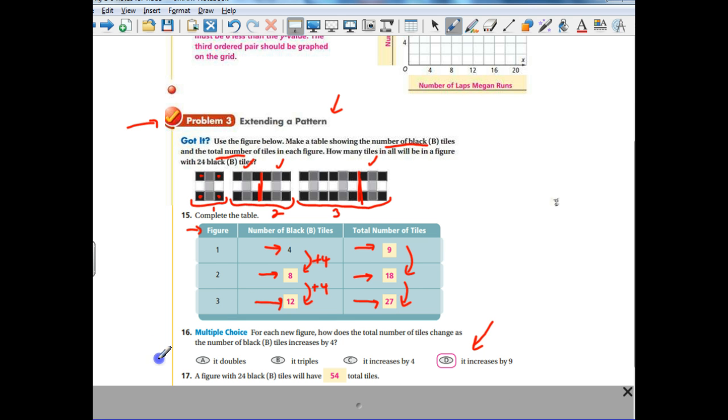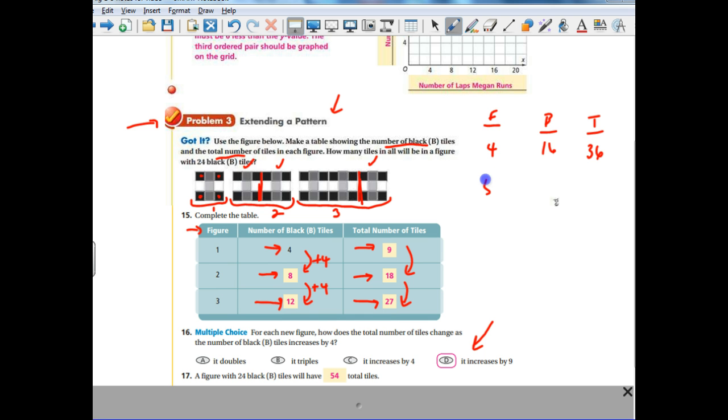Number 17 says, well, a figure with 24 black tiles, it's going to be a total of 54 tiles. And if you're wondering where we got that, you'd kind of have to extend the table. Let's say that's figure, that's black tiles, and that's total tiles. If I continued that pattern, the fourth figure would have 16 here, and then that would be 9 more, 36 total.